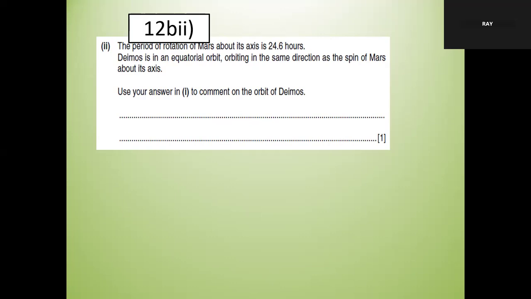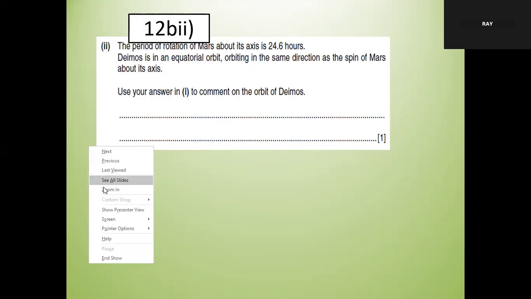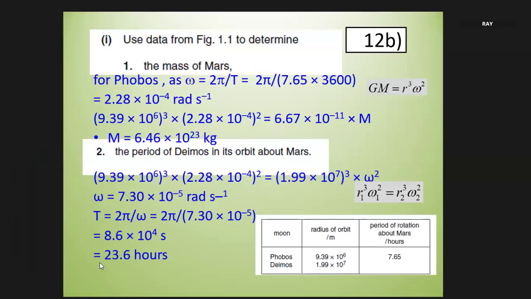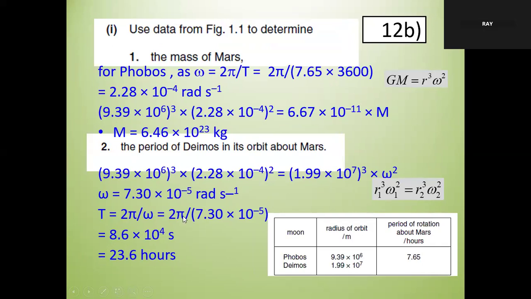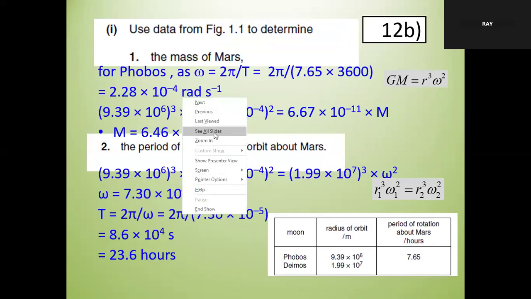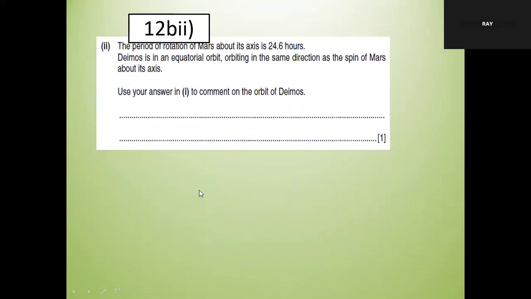Yep, Ken? So one orbit will take 23.6 hours, right? Basically, you have to comment on this value and this value.